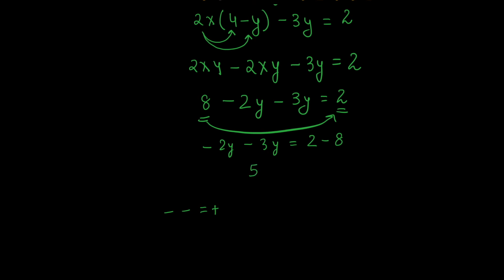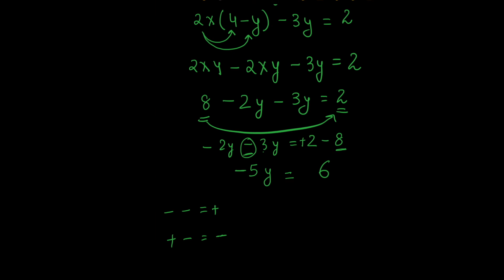So 2 plus 3 is 5, and the biggest number is 3, which has this negative sign. So this becomes negative 5y equals 2 minus 8. How to solve? This is plus 2 and this is minus 8. So plus minus is minus. When you subtract 2 from 8, this becomes 6.